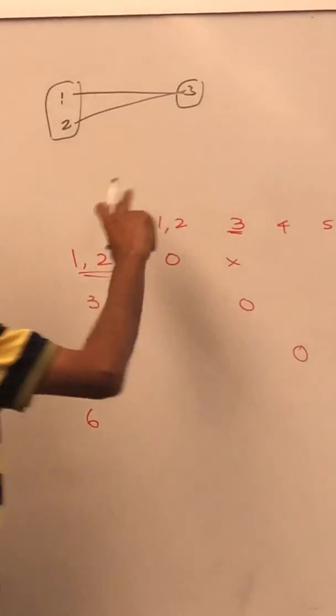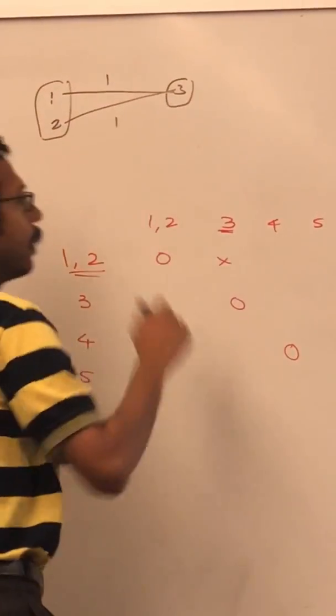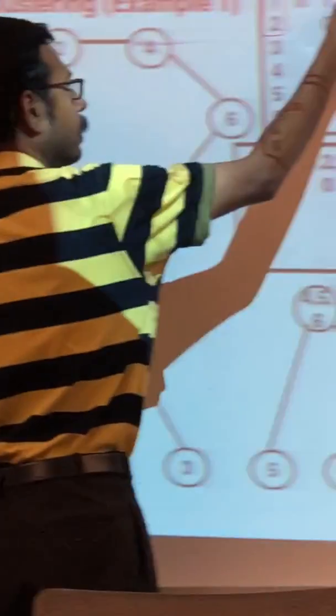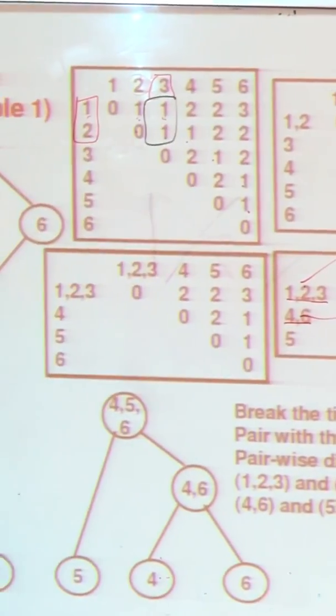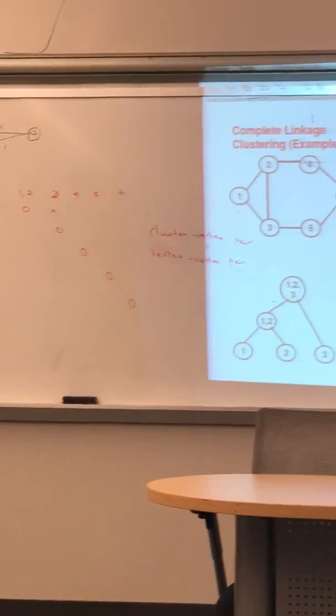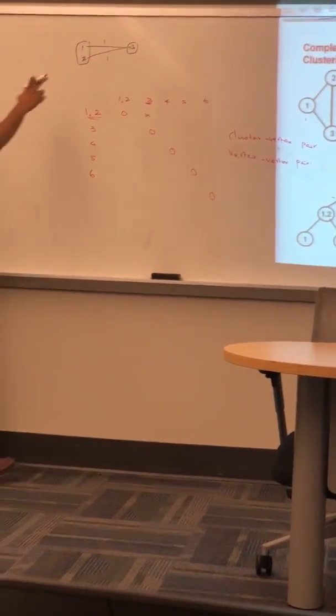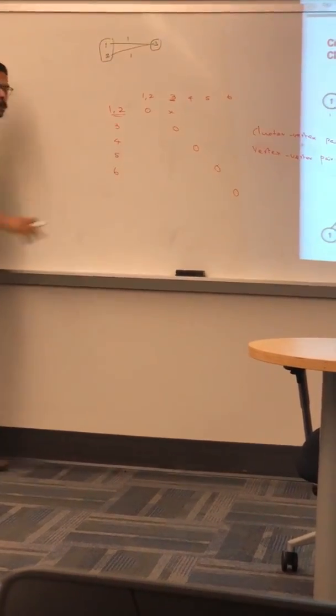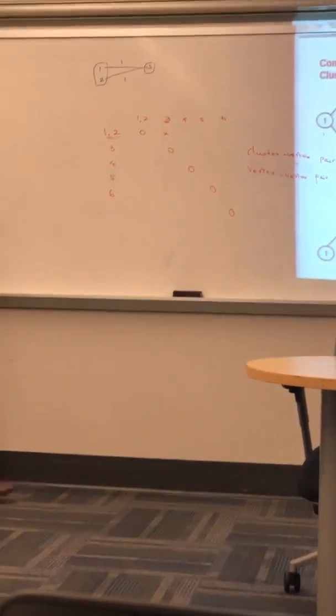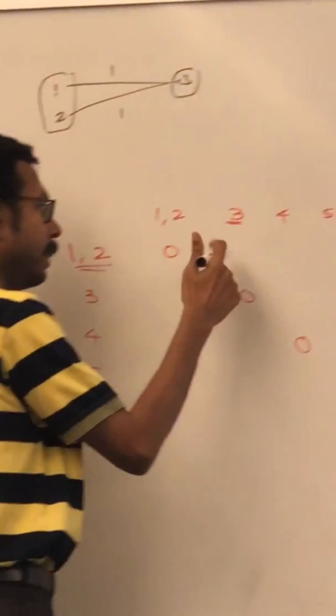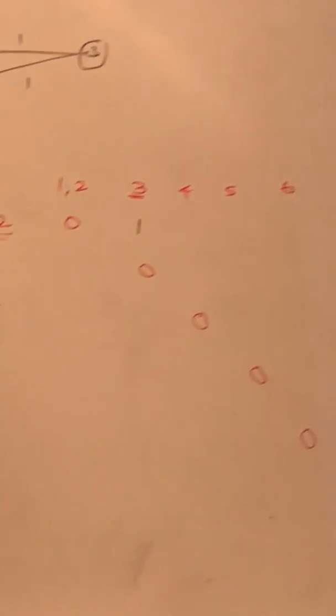The distance for 1, 3 is 1 and 2, 3 is also 1. So look at this block of values and pick the maximum among them. The maximum distance between any two vertices that are part of the two entities will be the value that goes here. So it is also 1.